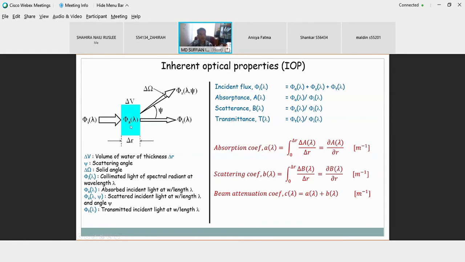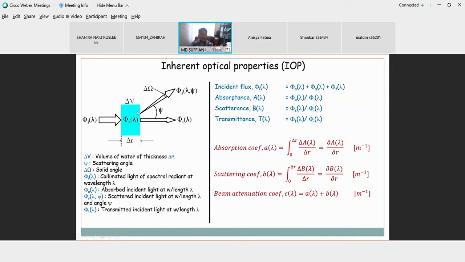Phi I adalah incident light, phi A is absorption, and the fraction of light absorbed is known as absorptant A, berapa banyak cahaya yang diabsorb bagi incident light.